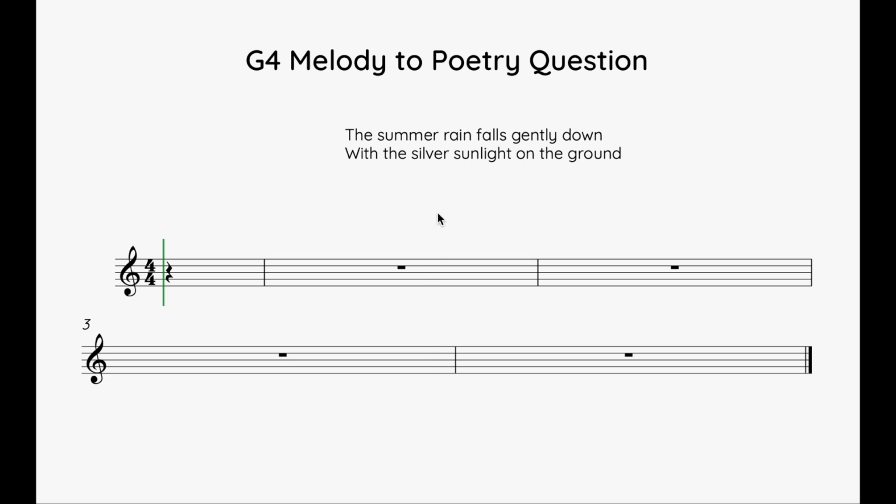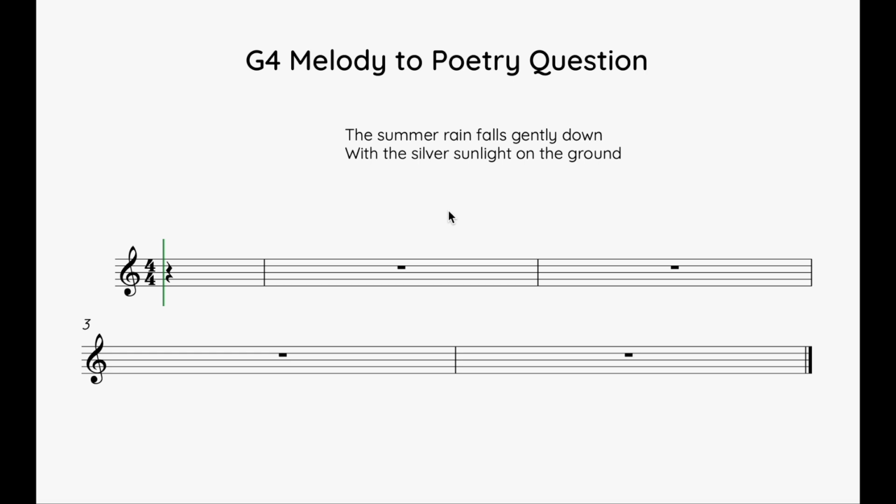We need to look at the poem and see what it's like. Is it happy or sad? Here we have: the summer rain falls gently down, with the silver sunlight on the ground. So it's happy. It's a beautiful morning, perhaps.